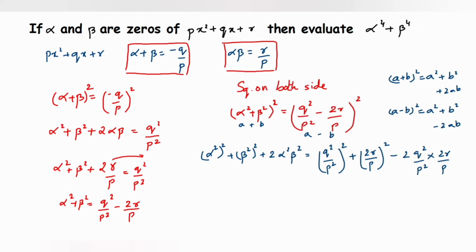So we'll solve the bracket part. So this is alpha to the power 4 plus beta to the power 4 plus, we can write 2 alpha square beta square as 2 alpha into beta whole square, is equal to, we'll open the brackets here, we'll get q to the power 4 upon p to the power 4 plus 4r square upon p square minus, 2 multiplied by 2 is 4, we cannot cancel anything, so this is q square r upon p to the power 3, or p cube.